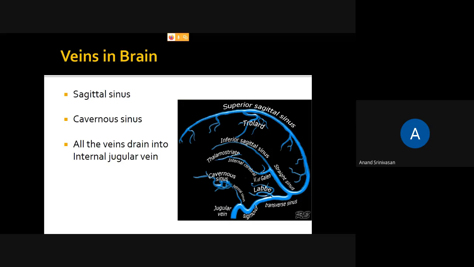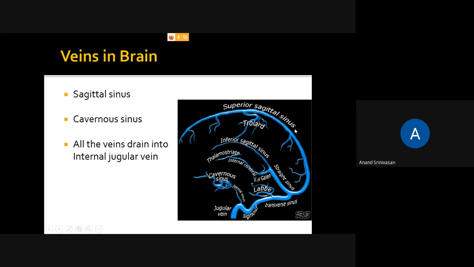Now these are the veins in the brain. We will see that in the nervous system, not now. But try to remember only two veins right now: the sagittal sinus and the cavernous sinus. The remaining veins we will see in the neurology module.